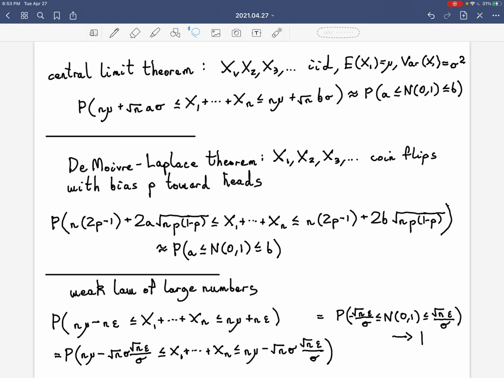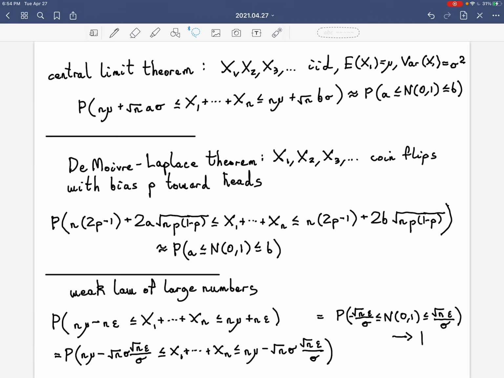And if you have a binary random variable, the expectation and variance both depend on this parameter p, and we can calculate the expectation was 2p minus 1 and the standard deviation was 2 square root p(1 minus p).